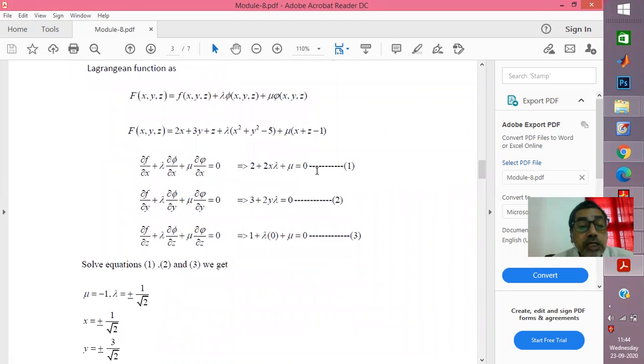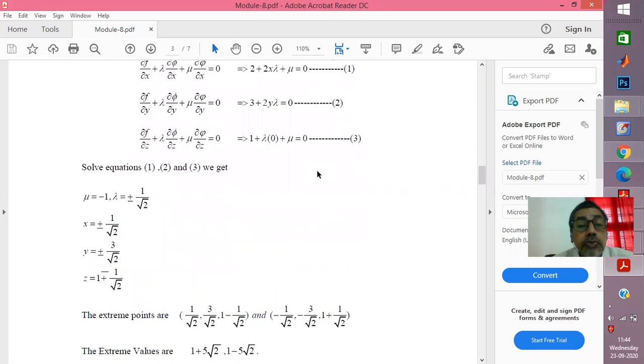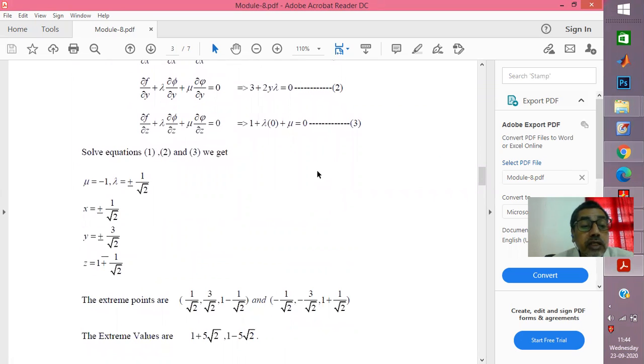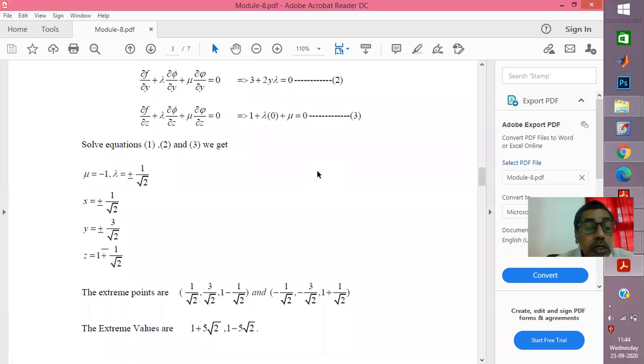And when you take the partial derivatives and equate them to 0, we get the values of the parameters to be mu is equal to -1, lambda is equal to plus or minus 1 by root 2. And then you can use the two constraint equations to derive the values of x, y, and z. So x yields plus or minus 1 by root 2, y takes the values plus or minus 3 by root 2, and z takes the value 1 plus or minus 1 by root 2.